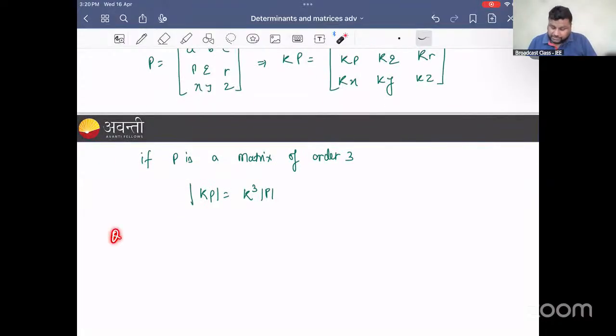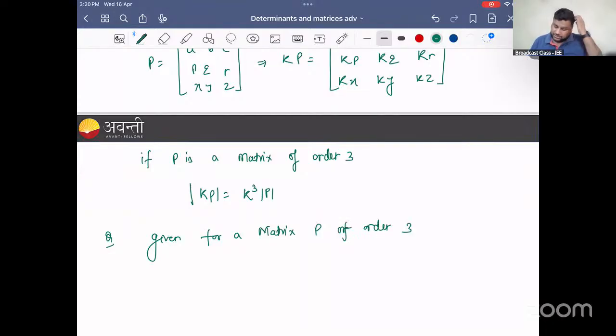Like a question if I ask you: given for a matrix P of order 3, determinant of P is 3. Find the value of determinant of 3P. Tell me.